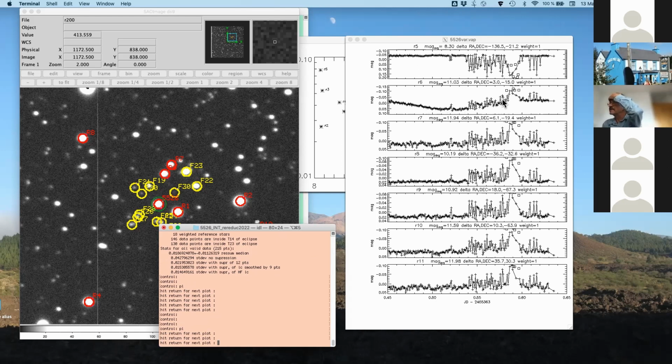But we can still see this eclipse. It's a bit earlier, and I checked that it's about an hour earlier, and that was within the prediction errors. So this is compatible with the ephemeris we had, that it showed up an hour earlier. And that is a typical case of a successful finding of a false alarm in ground-based follow-up photometry.